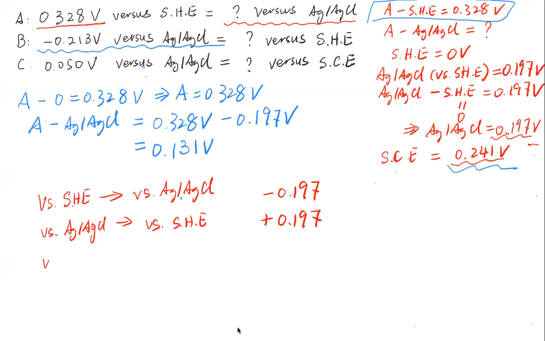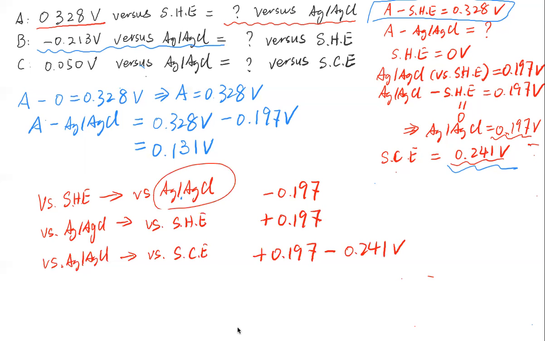Now, if you're converting silver chloride to SCE, you will have to add 0.197 and then subtract 0.241 volts, okay? So that's how you do it. I know I didn't cover the cases for SCE, the saturated calomel electrode, but you can apply the same rule, you just replace silver chloride with SCE.